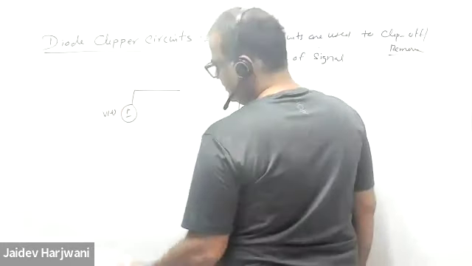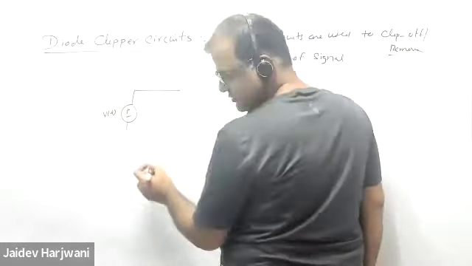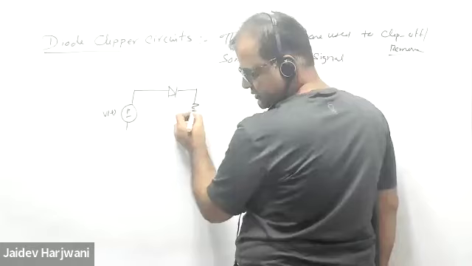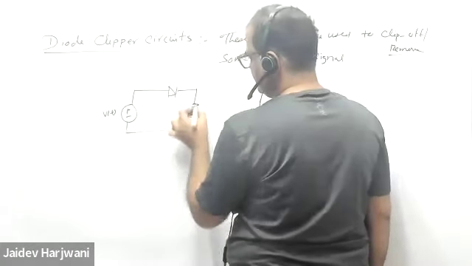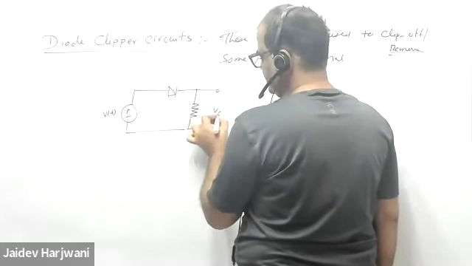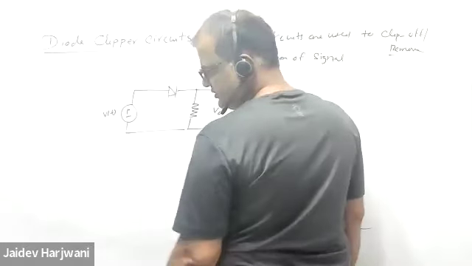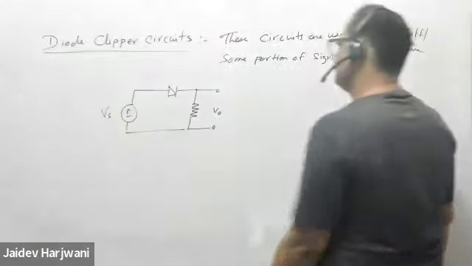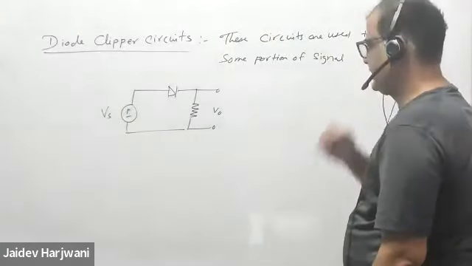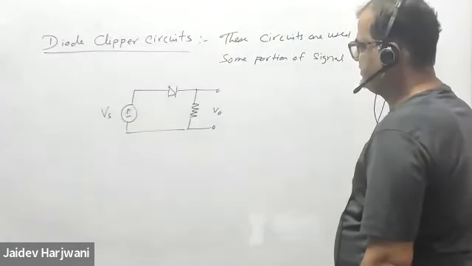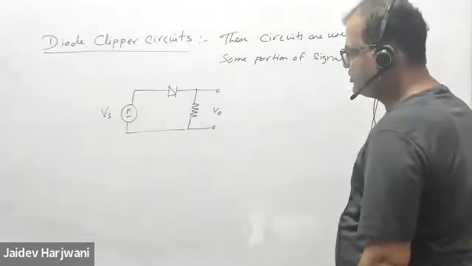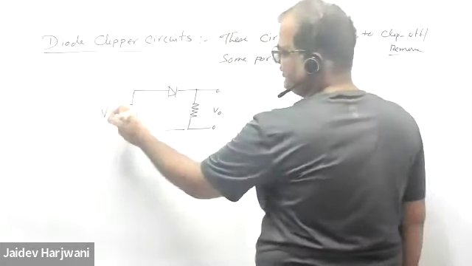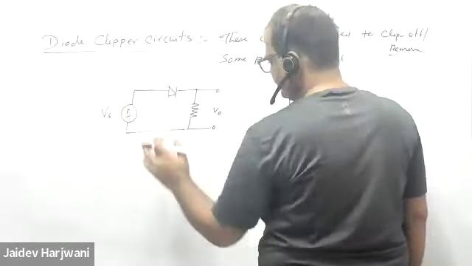Here we have a diode, and I am measuring the voltage here. This is my input voltage, which we generally call the source voltage. It can be positive or negative.